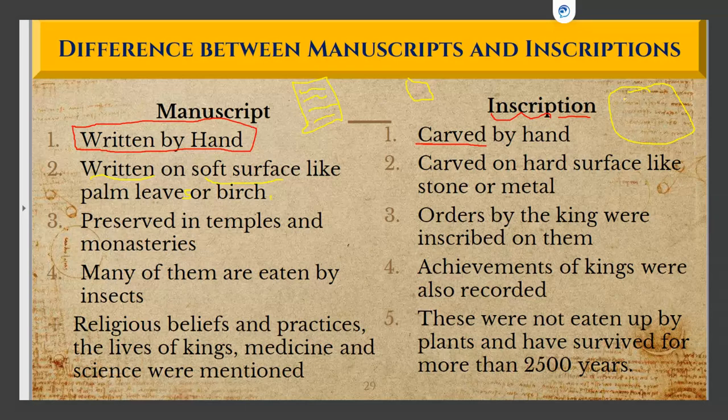We cannot write clearly; our hand will be all wobbly. But they carved using stones, and it also took them days to write, because it is very hard to write on a stone.